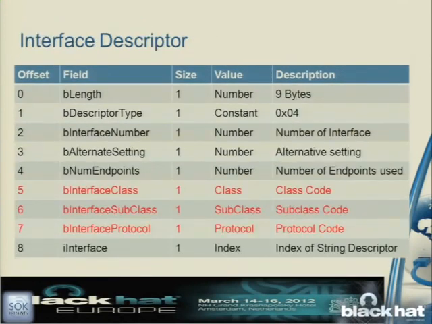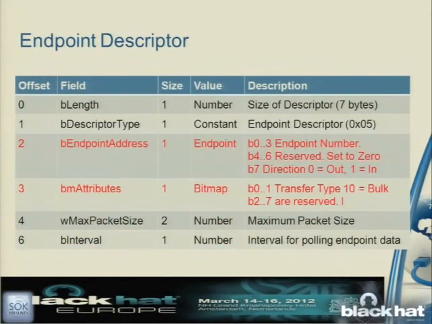So, interface descriptor will tell you about the interface, and again, as I said, usually this is where we find the class, subclass, and protocol actually input into our machine, our PC. Right? And then the endpoint descriptor, you know, what kind of descriptor is it?